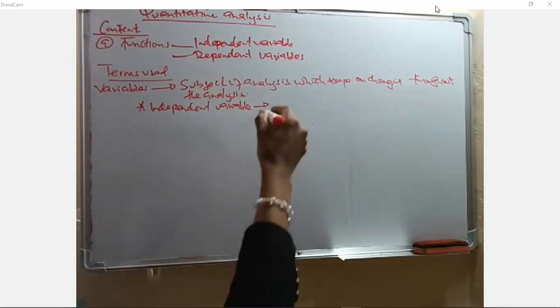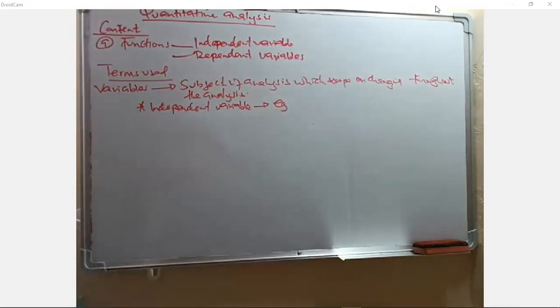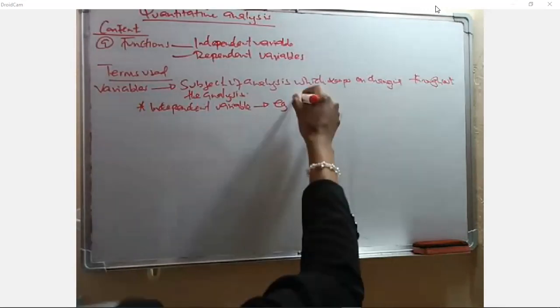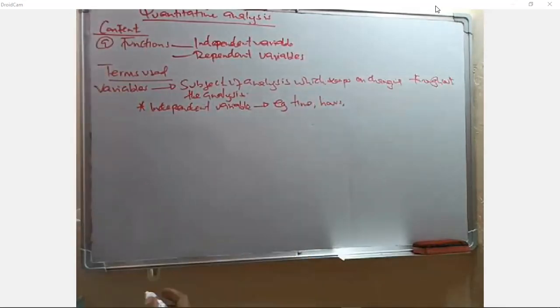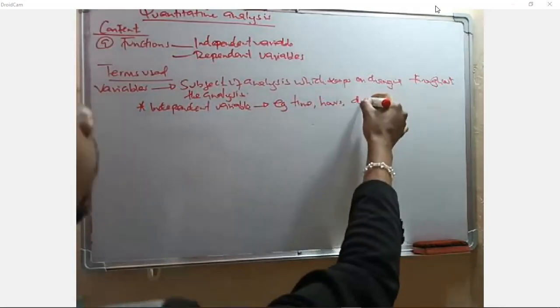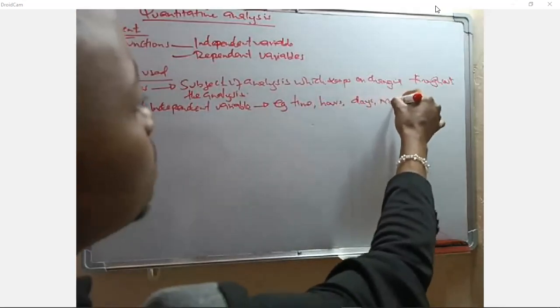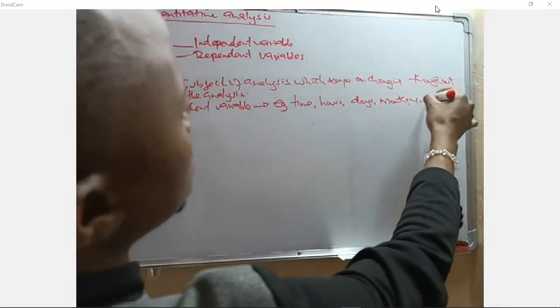The examples of the independent variable, which will assist you when you are calculating your regression and correlation analysis to differentiate between the independent and dependent variable, are time: hours, days, months, years, etc.